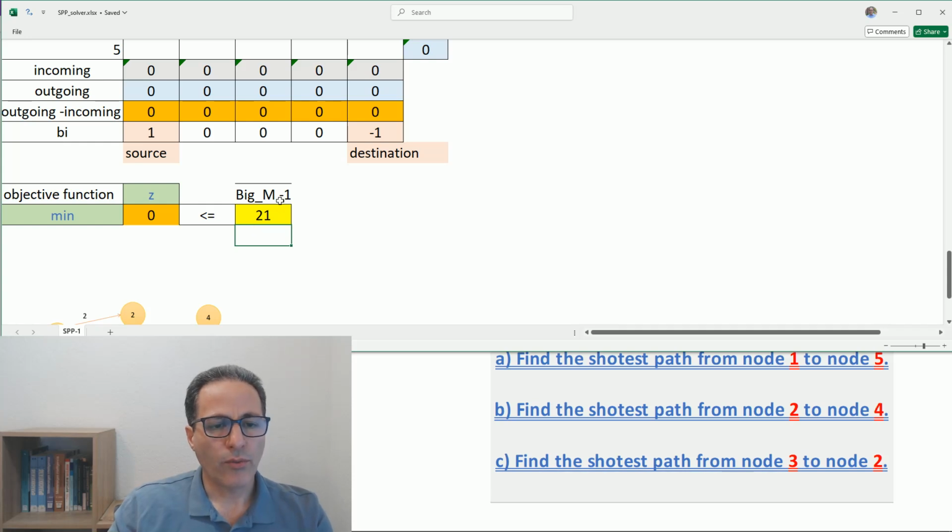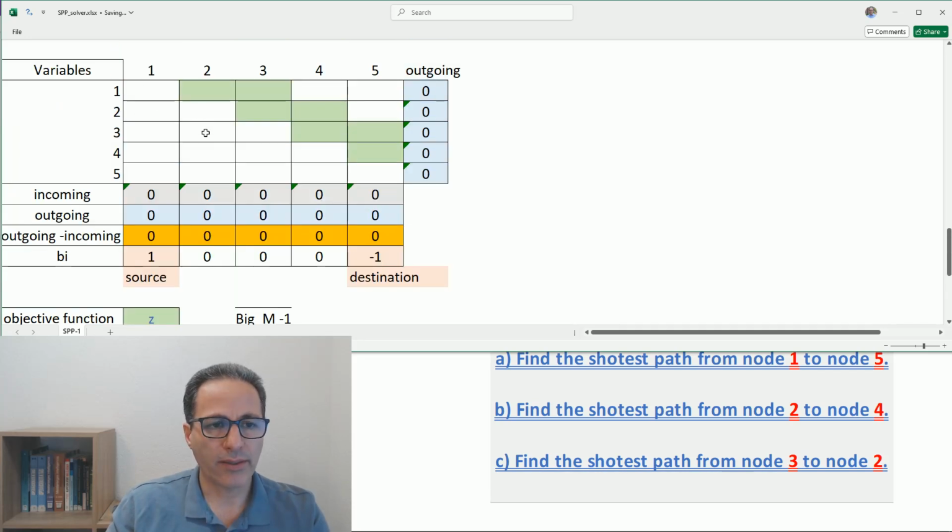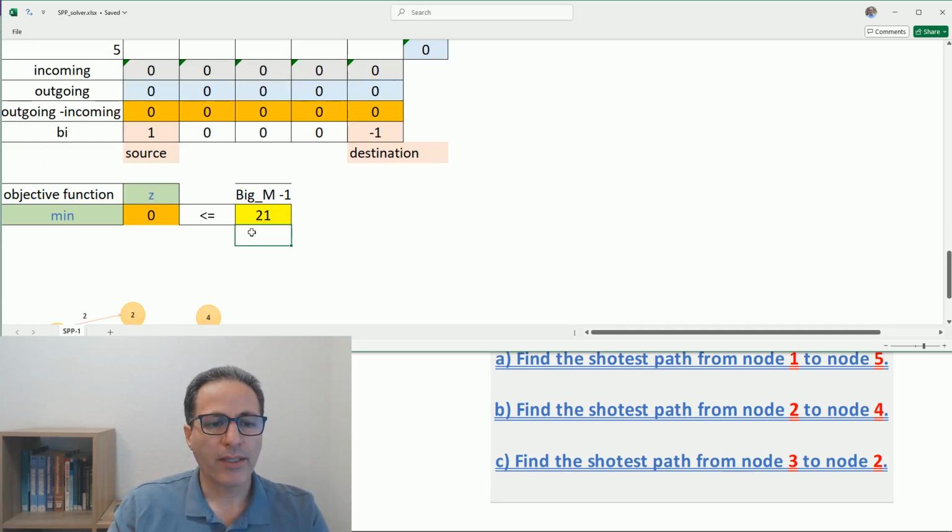Why do I subtract 1 here? Because I know that the total cost must be less than 22, or that big M. If it is big M or greater than big M, it means that one of these non-existing arcs has been selected. Since we don't have a less than sign in solver, I subtract 1 and write less than or equal to 21. It should be less than big M, but I change it to less than or equal to big M minus 1. Now we are ready to go to solver, selecting this cell and calling solver to solve the problem.